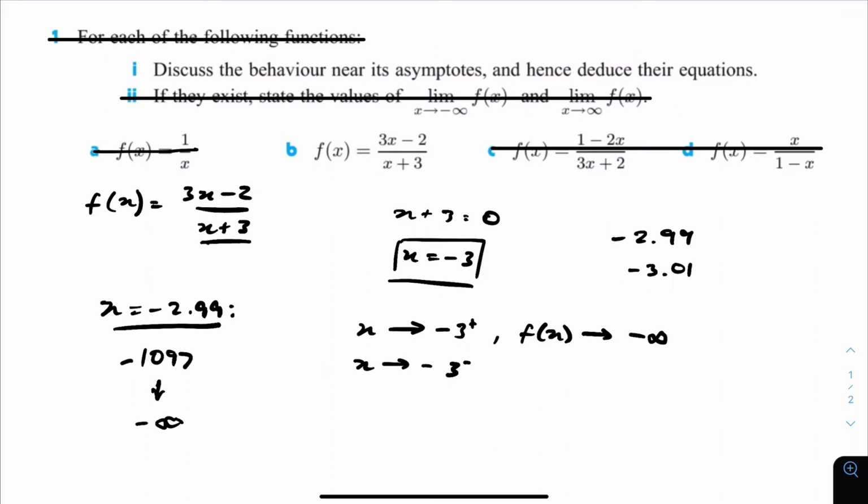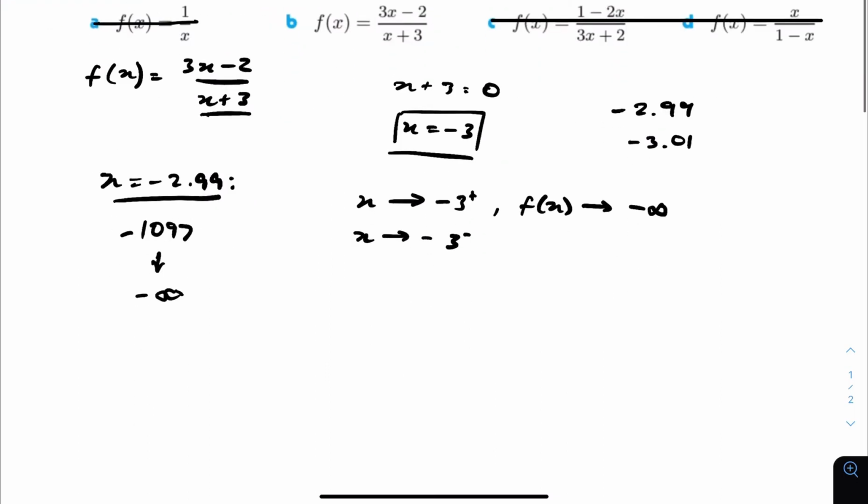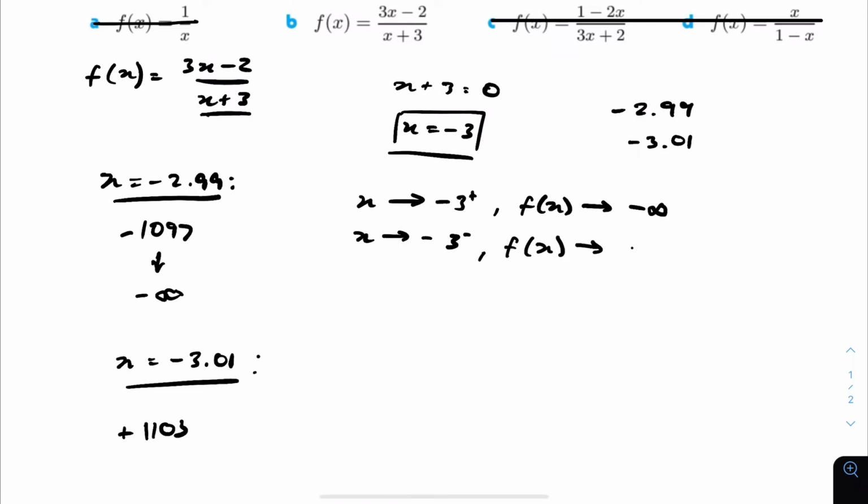When x is equal to negative 3.01, we get positive 1103, which is the opposite. So f of x would tend towards infinity, as we have a very large value that will keep getting larger as we get closer to negative 3 from the negative side.